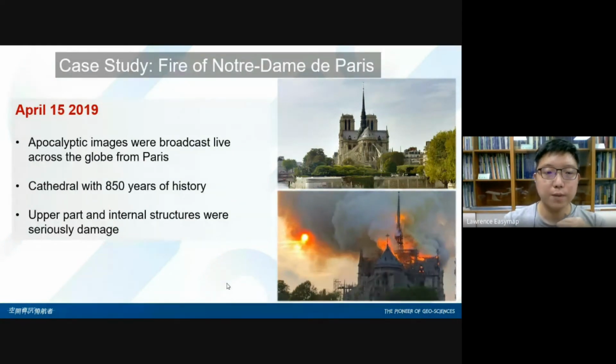Okay, so here I would like to share a case study with all of you. It's a very catastrophic fire in Paris back in 2019. I believe some of you may have read or heard about this news previously. It was a fire in the cathedral in Paris.